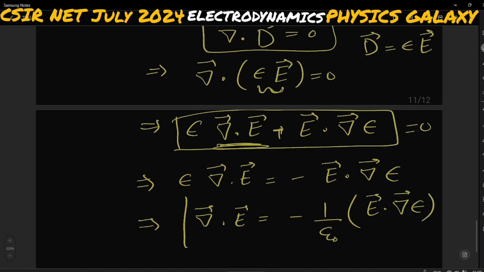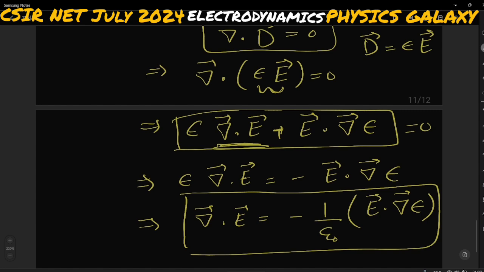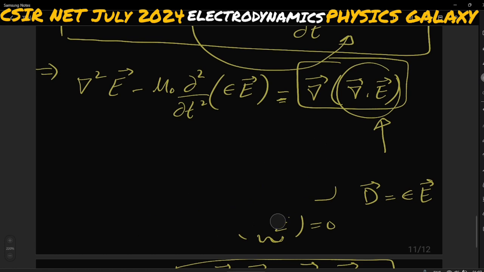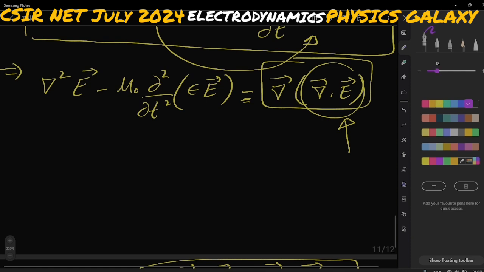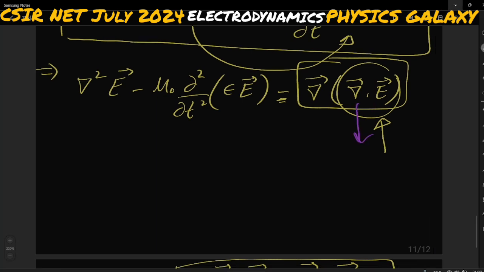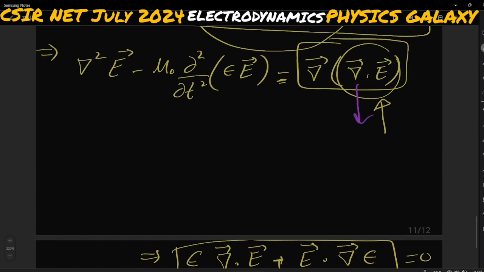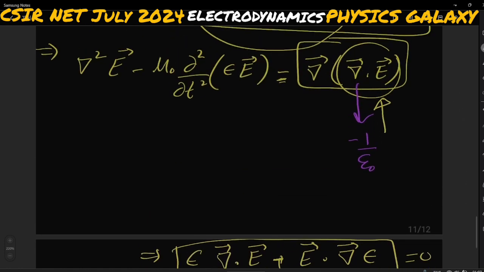Now we can substitute this divergence of E here. Let me erase this thing here. In place of divergence of E, I will substitute minus 1 over epsilon E dot gradient of epsilon.